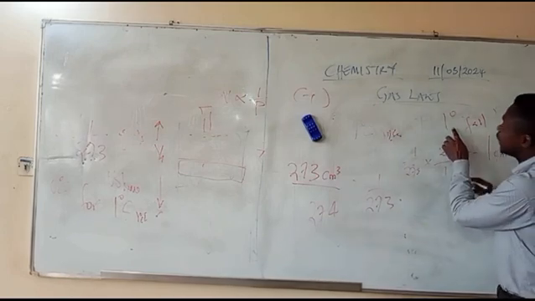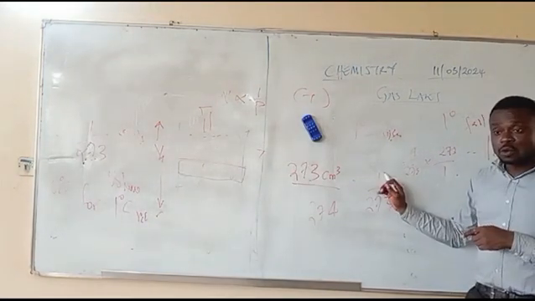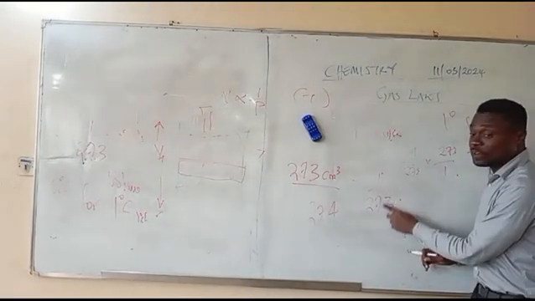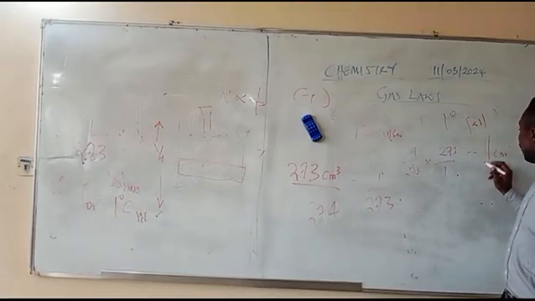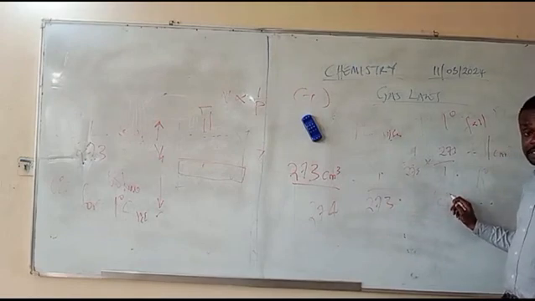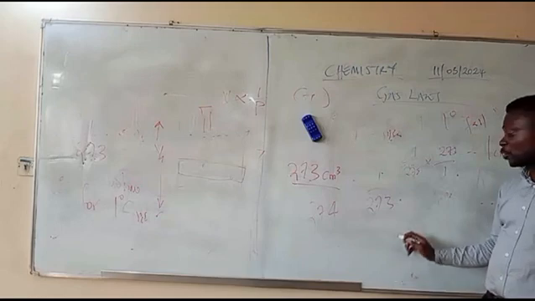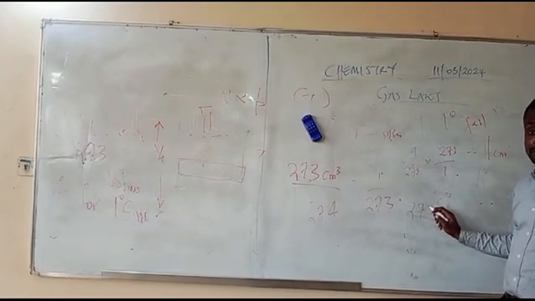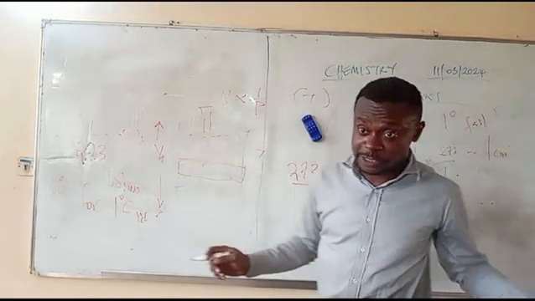We decrease by 1/273 of this volume, which is still 1 cm cube. So it will fall by 1 cm cube, and the volume will now become 272, right? Good. Now, I'm trying to explain something here.